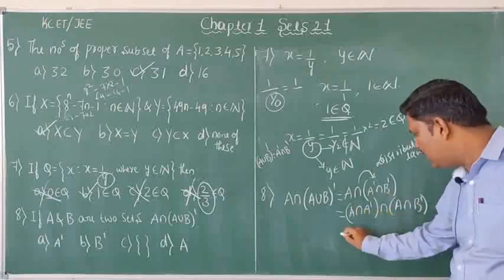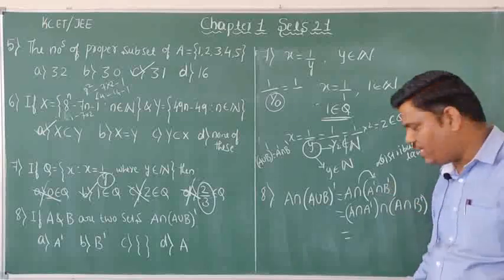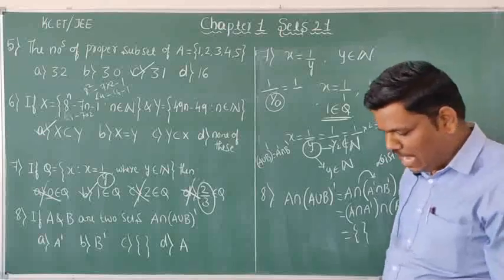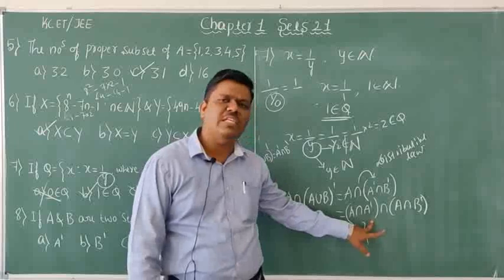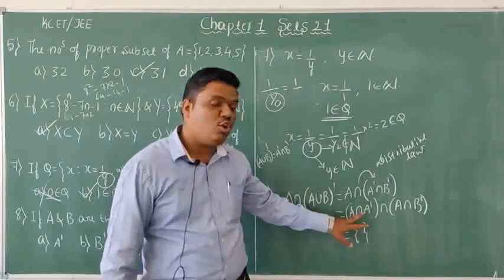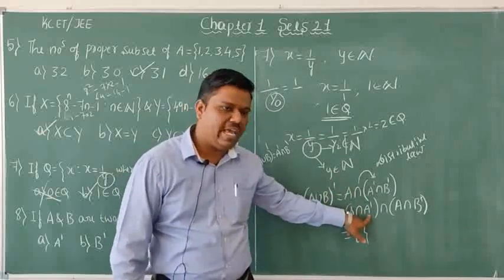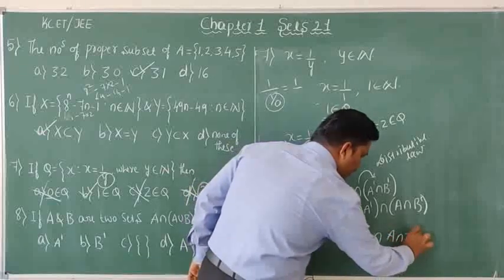A intersection A dash: a set and its complement's intersection is always empty. These are always disjoint sets, because A dash means what? A dash means not A. The elements which are not present in A, that is called A dash. Intersection A intersection B dash.